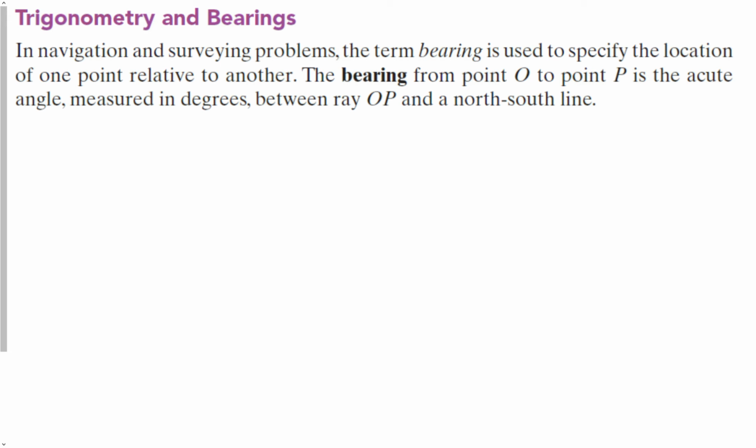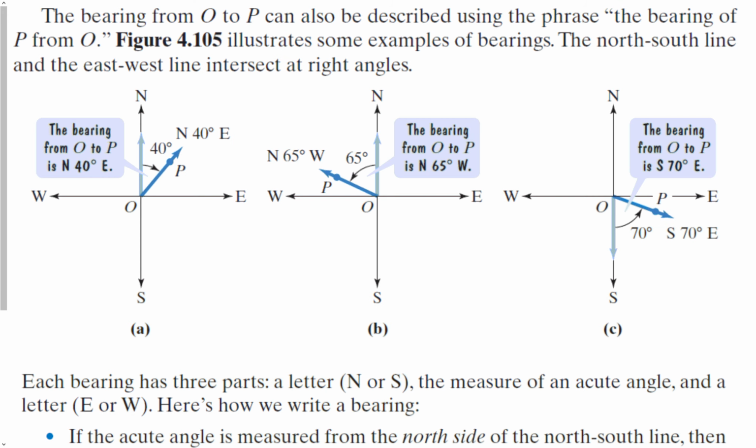The bearing from point O to point P is always an acute angle, always measured in degrees, and it's the angle between the ray of the direction you're going and the north-south line. Here's the way it works. So this point right here, you always start with north or south. Are you going north or south? You're going north 40 degrees to the east.